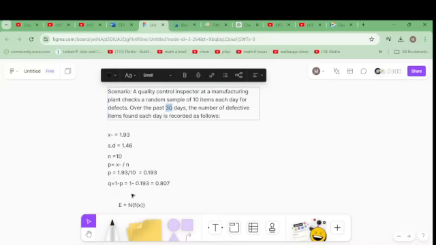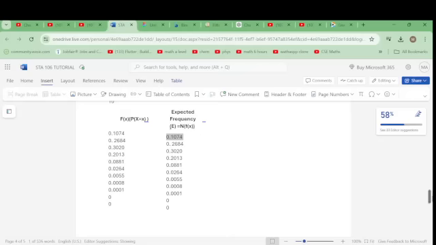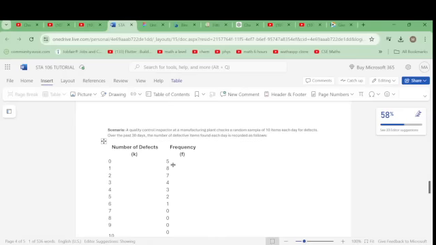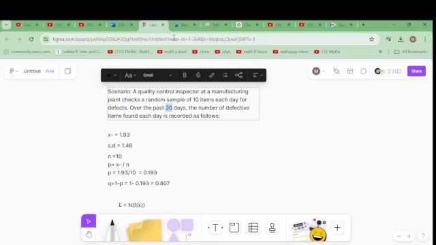We said our N is the sum of all frequencies. That means the sum of everything here. That's our F. That's our big N. So for all questions, that's N. Even if it is normal distribution, binomial, or Poisson, the sum of all the frequencies is your N.